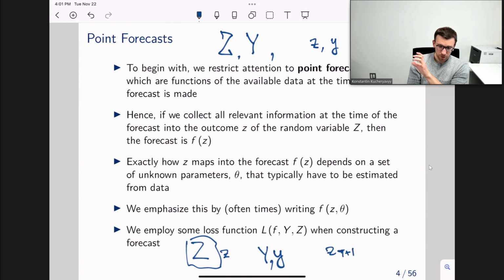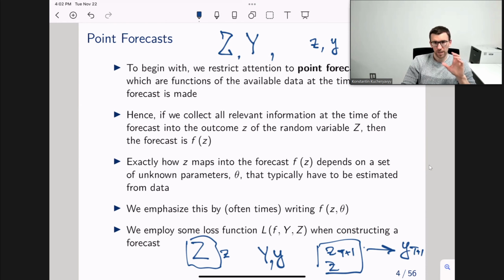And then we want to construct a forecast using this Z, which is the whole data set, and Z_{t+1}, to arrive at the forecast of that person's income, Y_{t+1}.